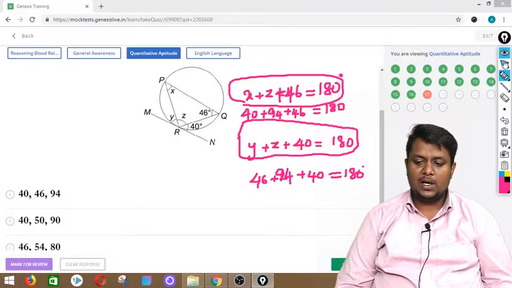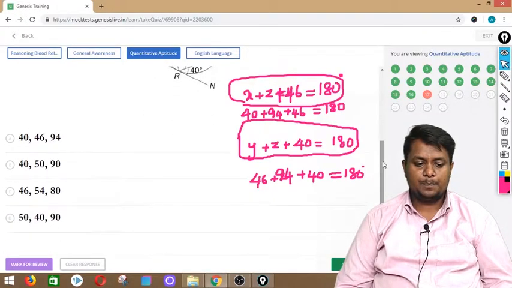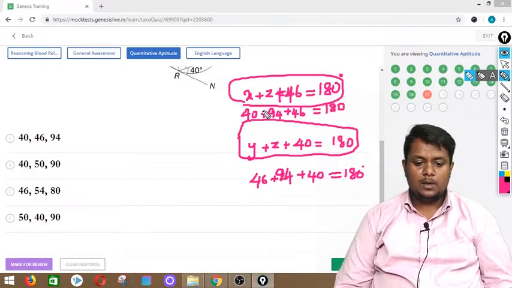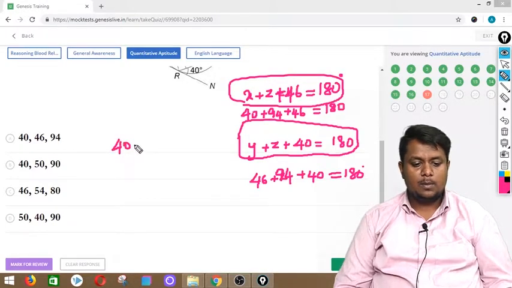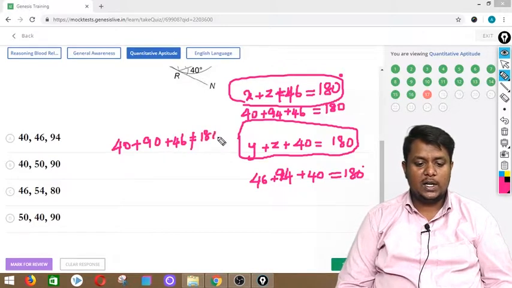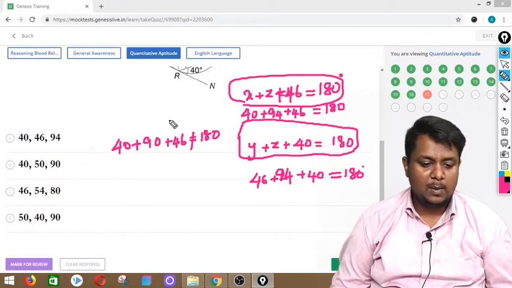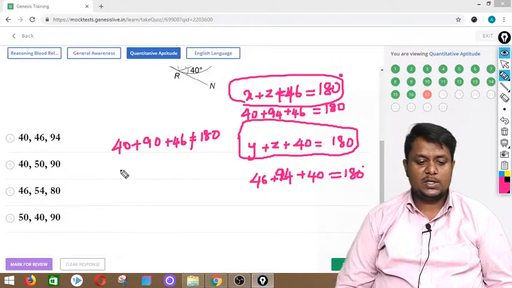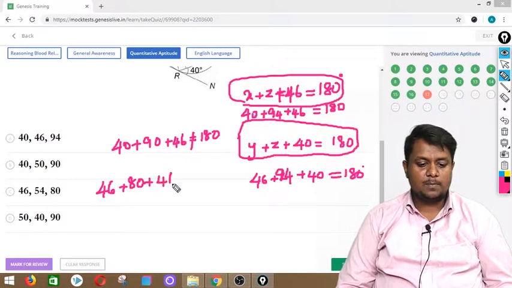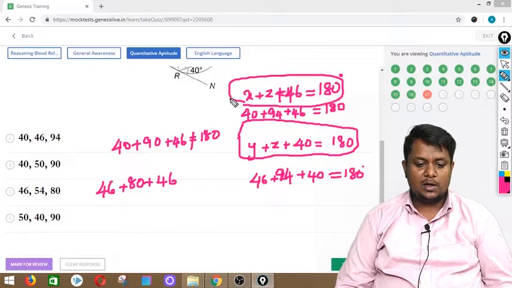Now let us see whether the other options also satisfy. 40, 50, 90. So 40 plus 90, Z value is 90 plus 46 is not equal to 180 degrees. So we can eliminate this option. Now let us go to option C. X value is 46, Z value is 80. I am substituting in the first equation.